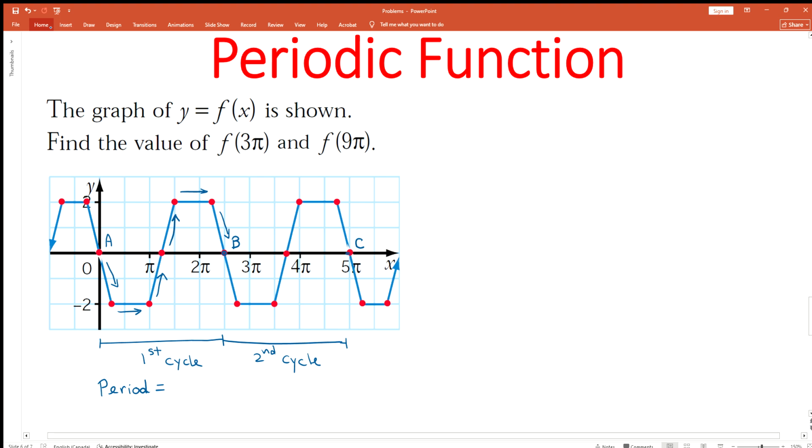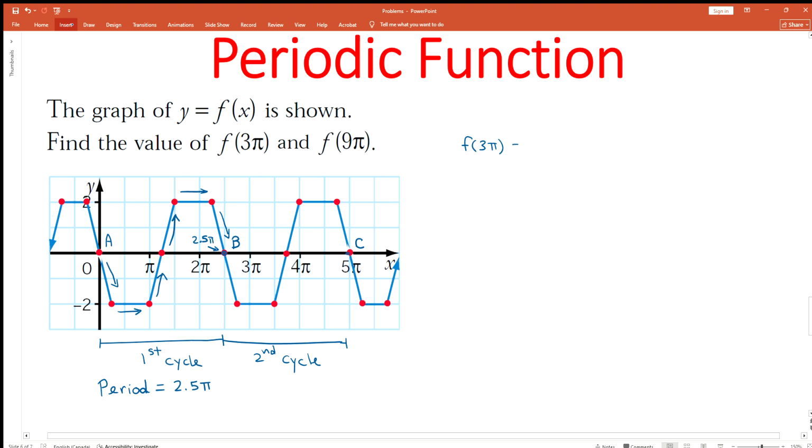So point B is 2.5 pi. Therefore, the period of the function is 2.5 pi because this cycle starts at 0 on the horizontal axis and ends at 2.5 pi.